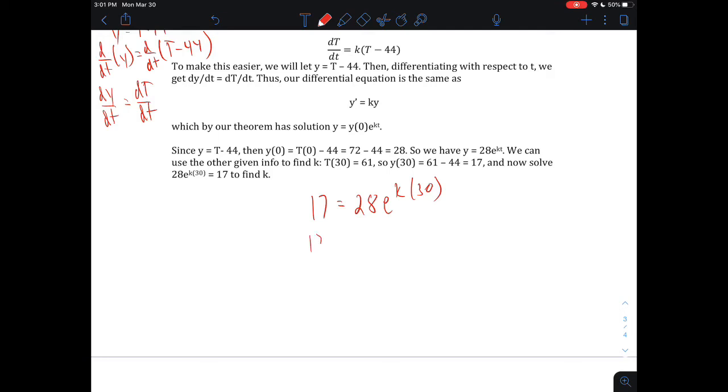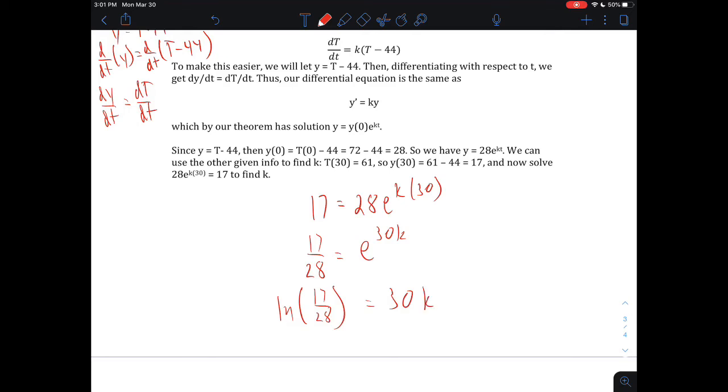So this means 17 divided by 28 is equal to e to the 30k. We know what to do at this point. We're just going to take the natural log of both sides, which means ln of 17 over 28 is equal to 30 times k.